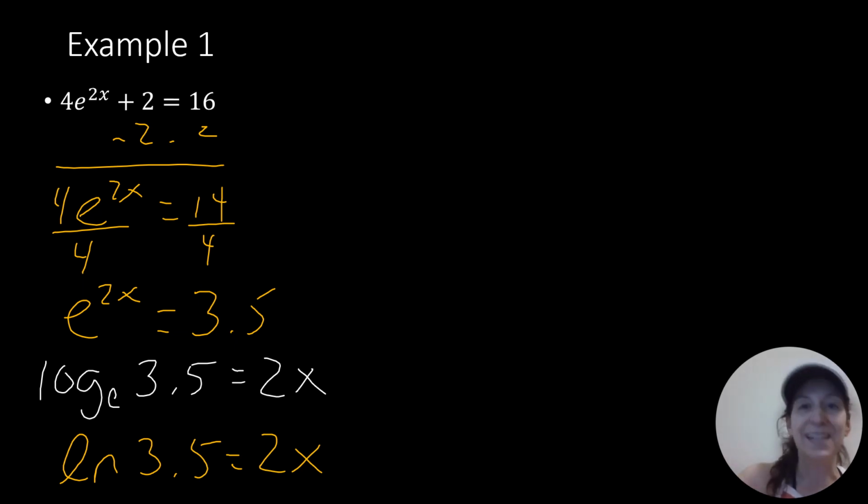And then because it is a special log, it gets its own symbol with the ln. Really, though, what teachers are going to want to see is that you are going straight between those orange lines. I will not take off anything if you show that middle step. In fact, I would rather you show it and understand what you're doing and how the symbols are changing than just start skipping steps and not know what's going on.